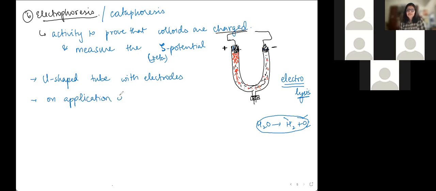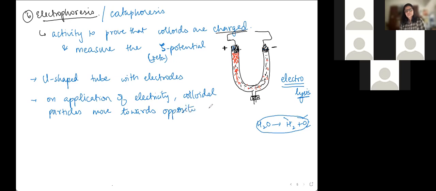So on application of electricity, colloidal particles move towards the oppositely charged electrode. This movement is called electrophoresis.